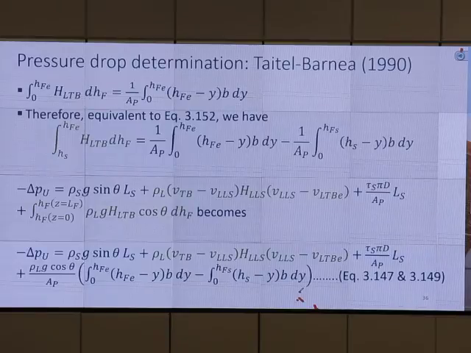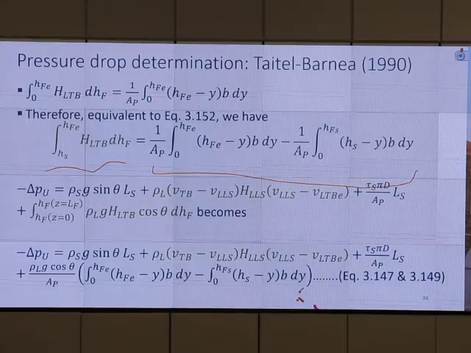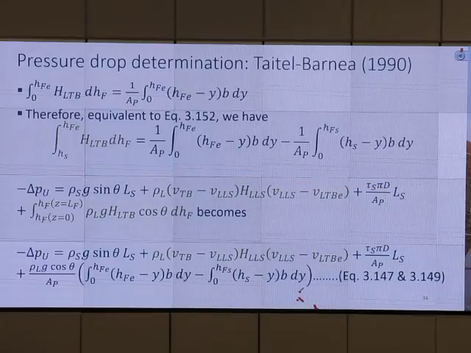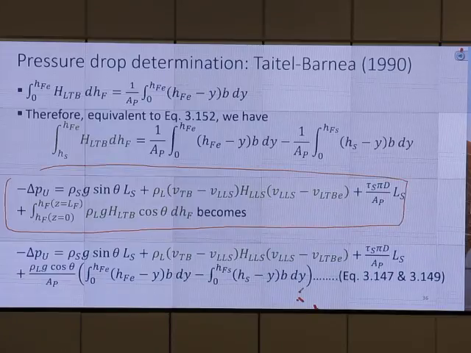And for the green term, this integration, we do the math, we get this, right? Change the limit of integration. Once you do everything together and put it back in, this equation becomes this one.